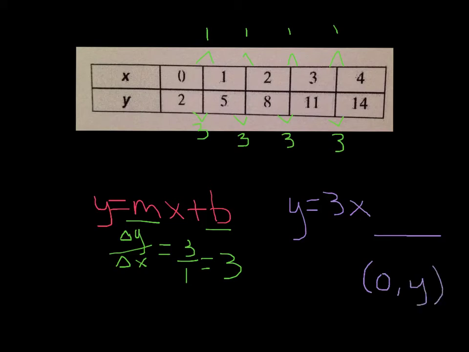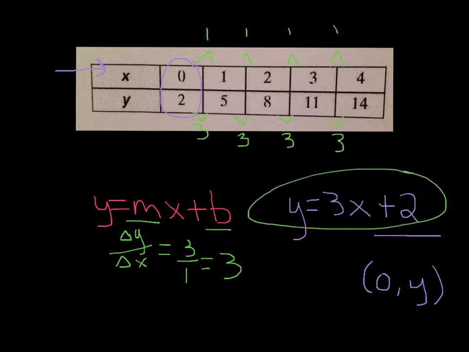So the first thing you want to do is look on your table at the x values and see if 0 is given to you, and it is. What number matches up with 0? It's positive 2, so plus 2 is my y-intercept. So there is the linear equation that corresponds to this table of values.